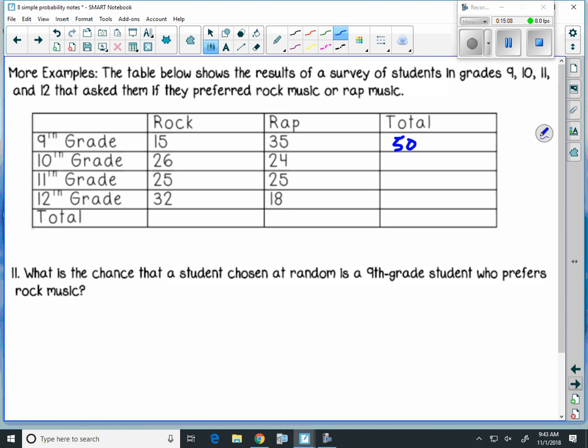How many total students in 10th grade? Yep, 50. Same for 11. Same for 12. Okay, so if we look at totals, how many total students are there? 200, right? 50 plus 50 plus 50 plus 50, 200 students total.